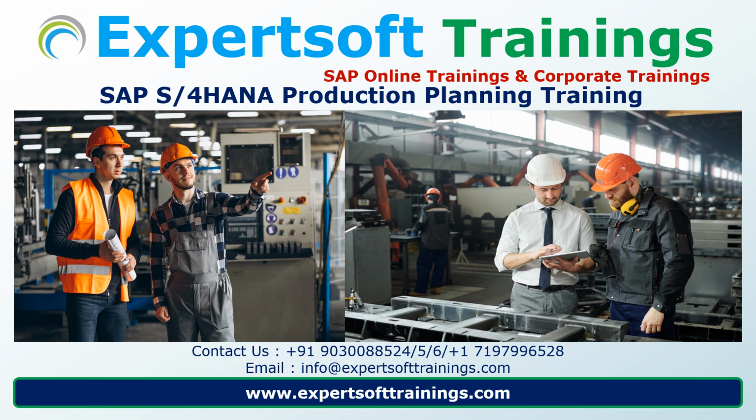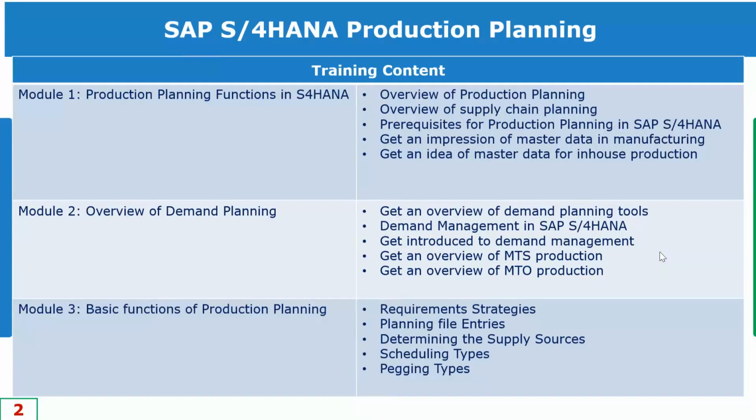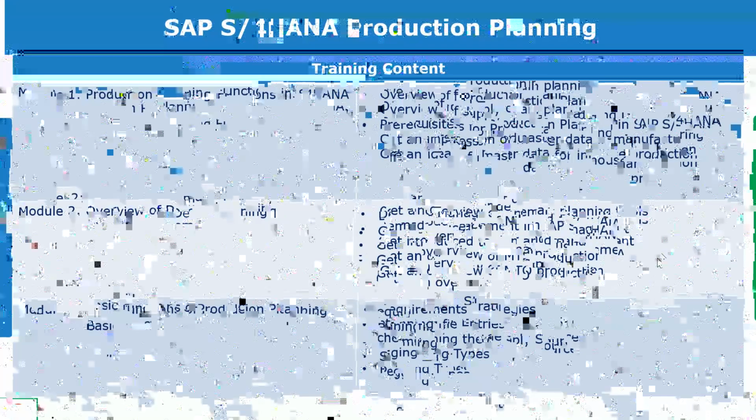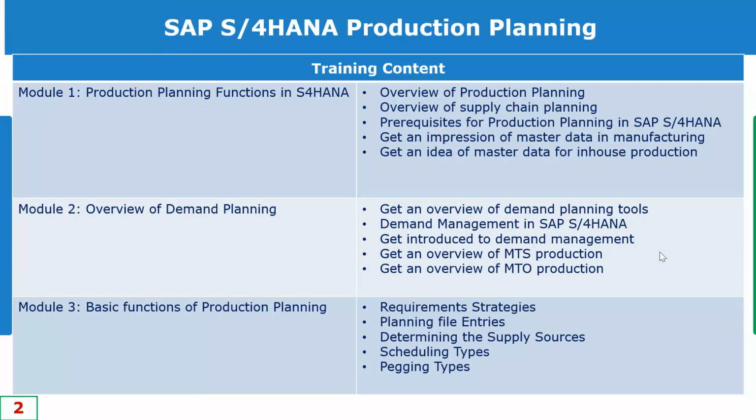Okay, I'm just giving you a topics overview for your understanding. In Production Planning in S/4HANA, we will explain the overview of production planning and the overview of supply chain planning, because as I mentioned, planning also comes under PP, production planning.